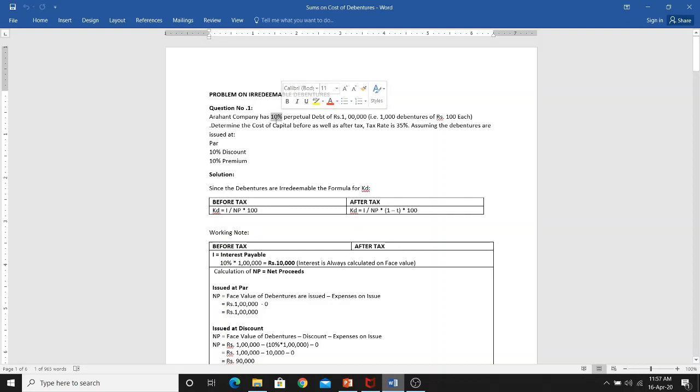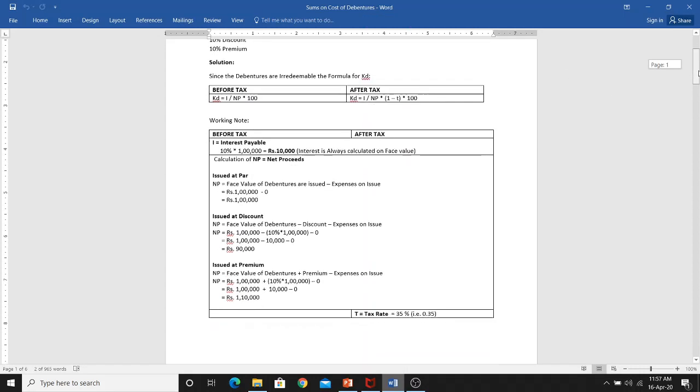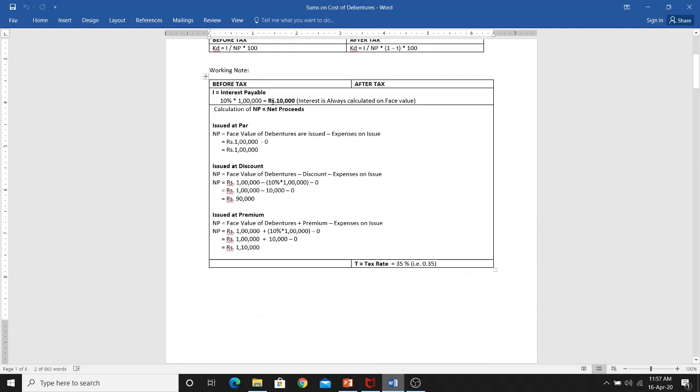When they say 10% perpetual debenture, it means the rate of interest on the debenture is 10%. And interest is always calculated on the face value. The face value is 1 lakh, so 10% into 1 lakh is nothing but 10,000. So we have got the interest payable.